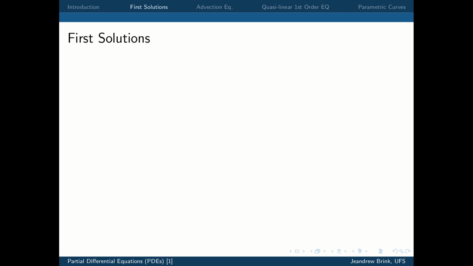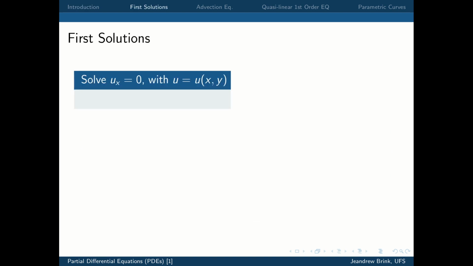Okay, so let's look at the first solutions. Here's our simplest problem that we had. Okay, we solve ux equals 0 with u of x and y. This part is important because it actually gives us information about what kind of solutions we have. So suppose it was an ODE and we had u as a function only of x. ux equals 0 would immediately imply that u is a constant.